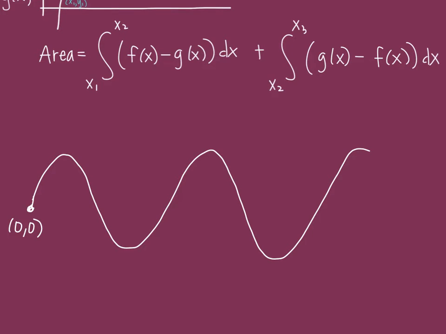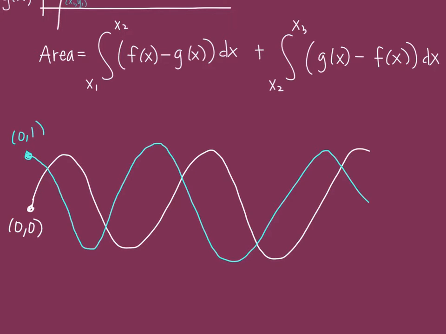And then maybe we have next to it a cosine graph. Cosine starts at 0, 1, and then cosine runs alongside. All right, there's the cosine graph.